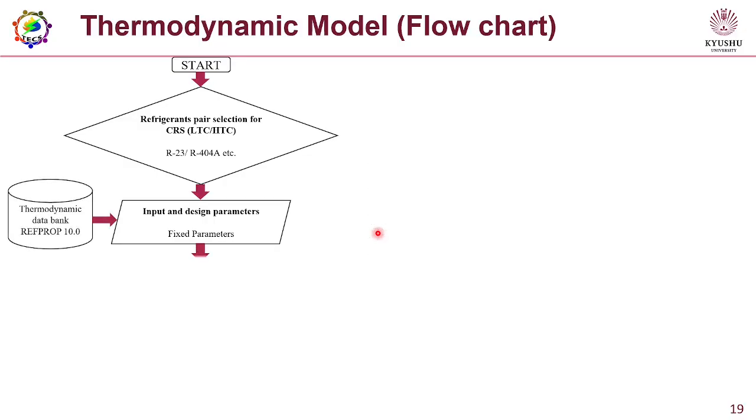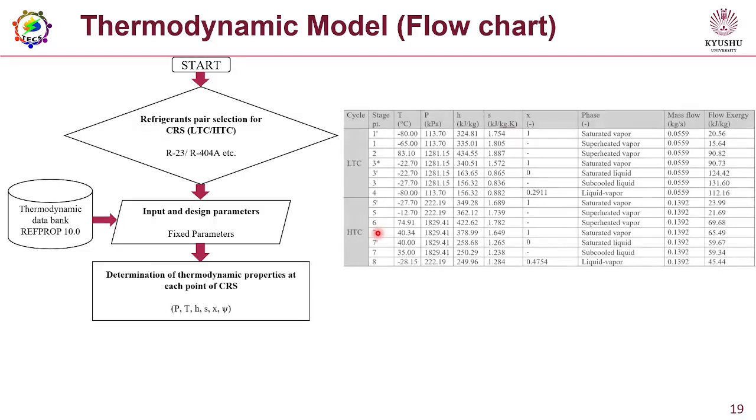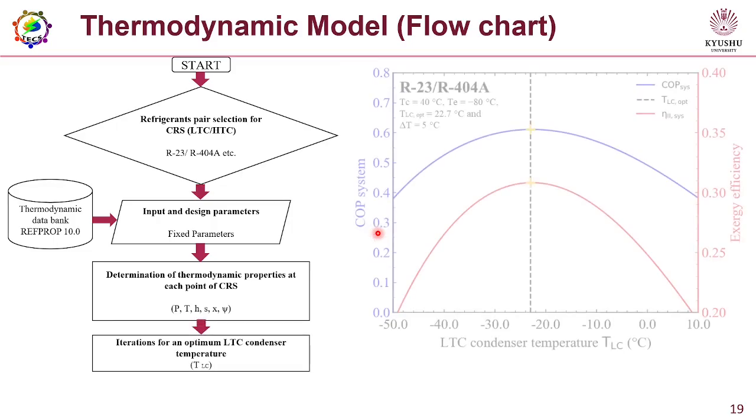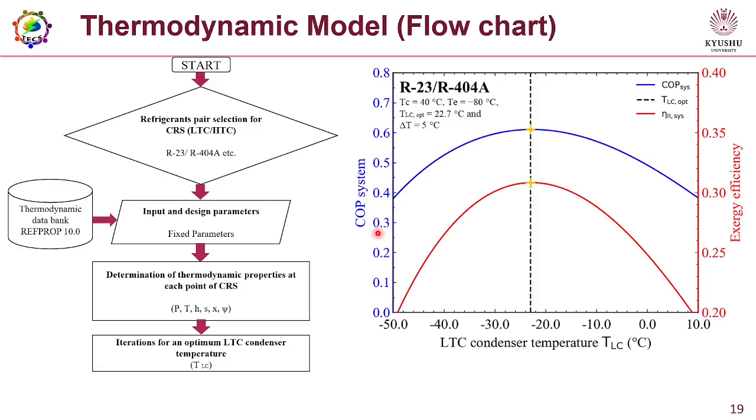RefProp 10 is used to calculate the thermodynamic properties at these state points, but the cascade condenser temperature has to be fixed first to get all the state points of the cycle. For that, iteration is done in which the cascade condenser temperature is increased and an optimum point is found where the system has maximum COP.